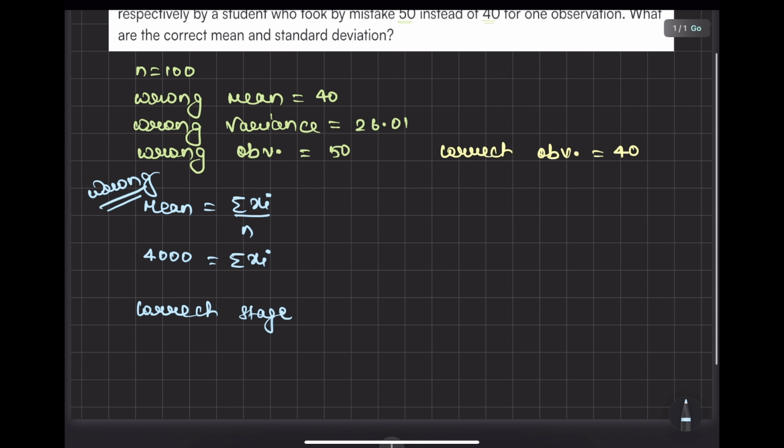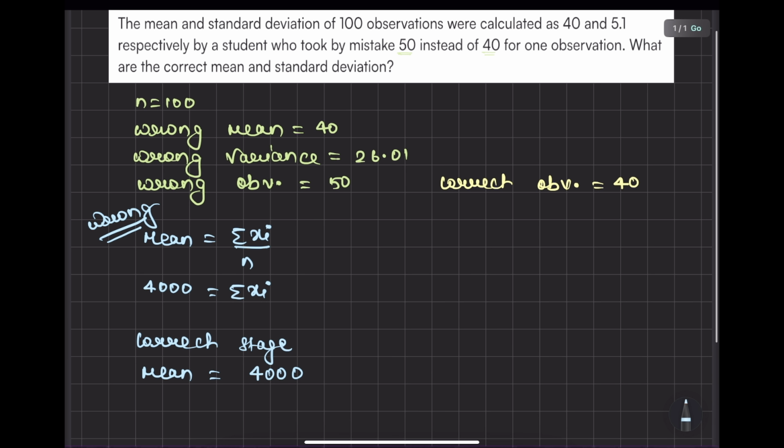Now look at this. For the correct mean, what we will do? Take the sum of all the elements, and from this sum we will remove the wrong observation. The wrong observation is 50, so we will subtract 50.